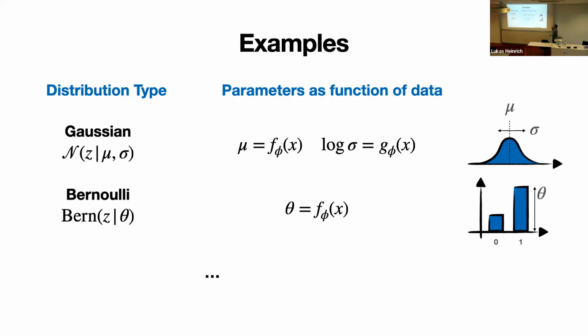And very often the way that we link it to the data, in order to make it a conditional distribution, P of Z given X, is by having two functions that take in the data and spit out the mu and maybe the logarithm of sigma, right? Or you might have a function that spits out both at the same time, and so on. So this is one way to link it to the data.